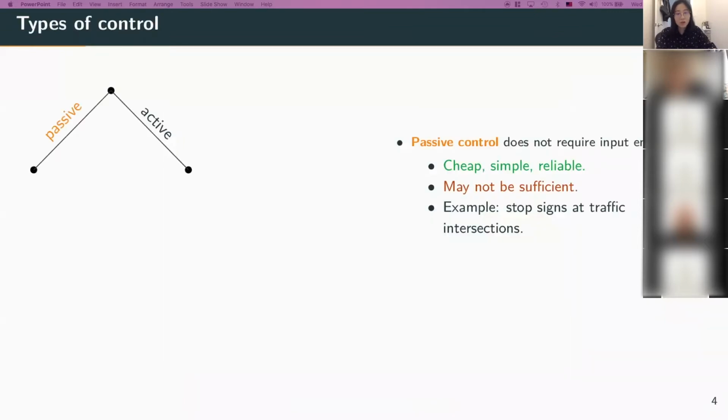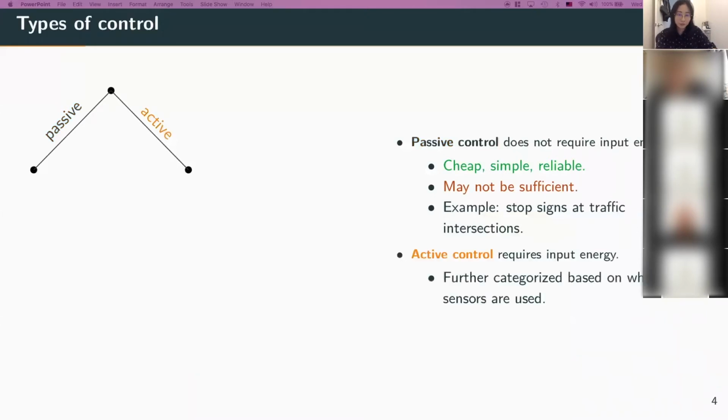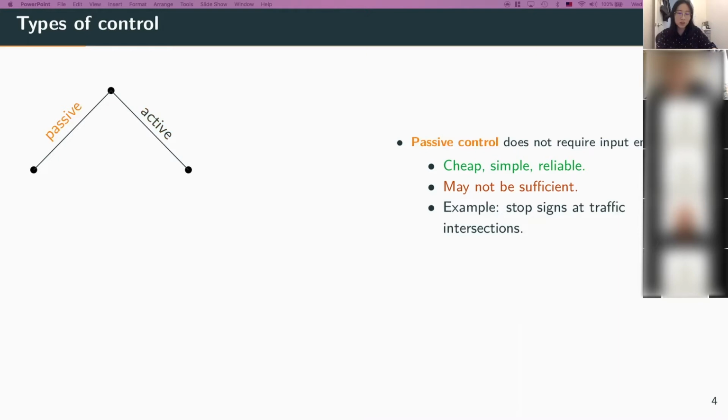So there are many ways to manipulate the behavior of a dynamical system. First, we can break down all types of controls into either passive or active controls. Passive control does not require input energy into the system. It's cheap, it's simple, and is often reliable, but it may not always be sufficient.